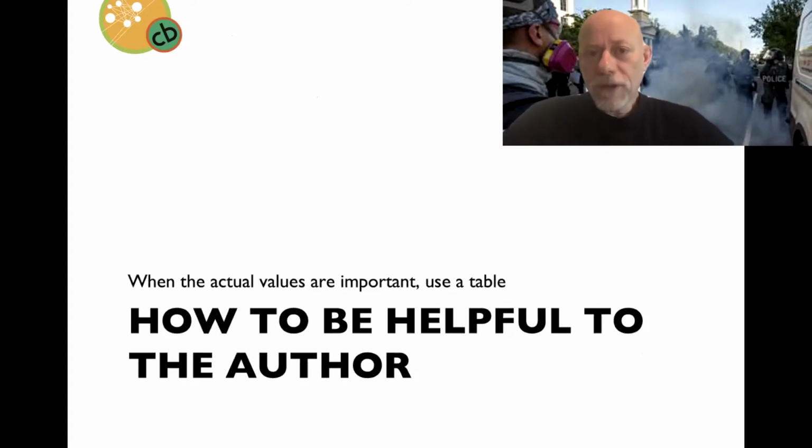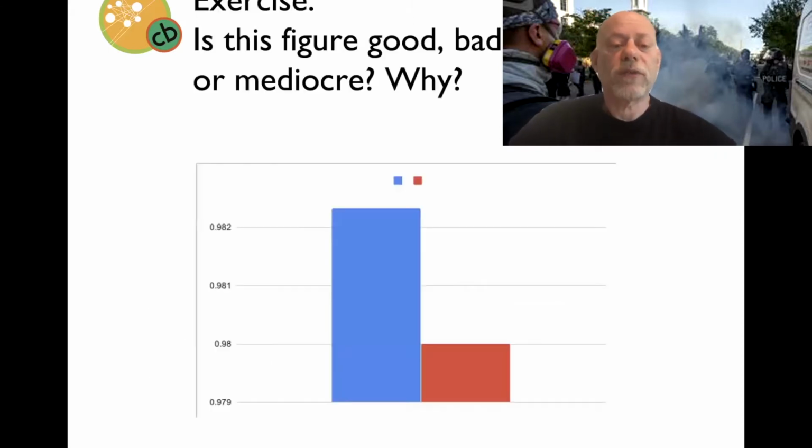When the point that you're trying to make is about the exact values, and that's probably what that author was hoping to do, to convince you that the means of the cross-validation results of the two systems were different, this is a place where you want to use a table. And that's a rule you probably already know, but it's helpful to point it out to the author. When the actual values count, a table is what you want.